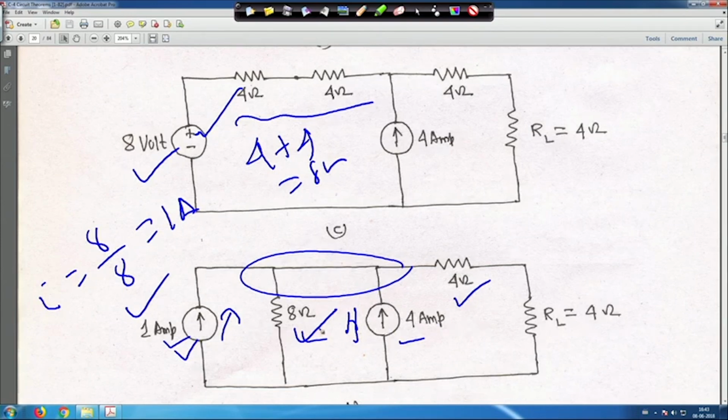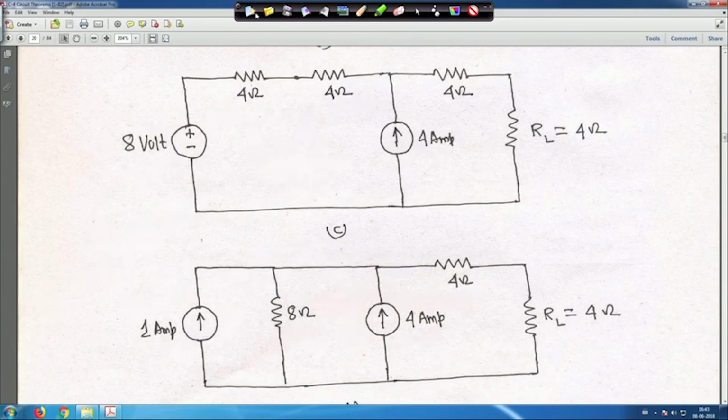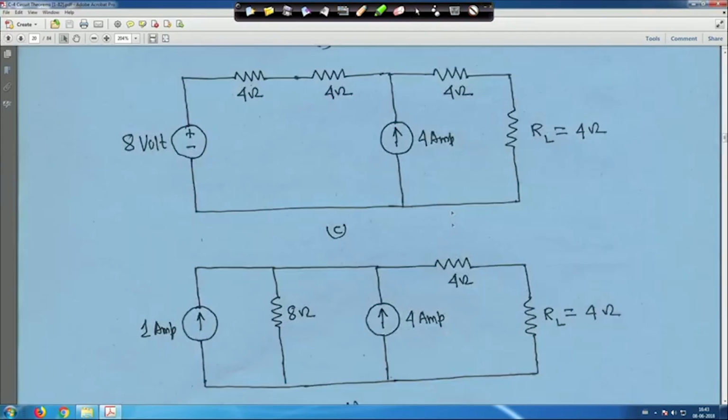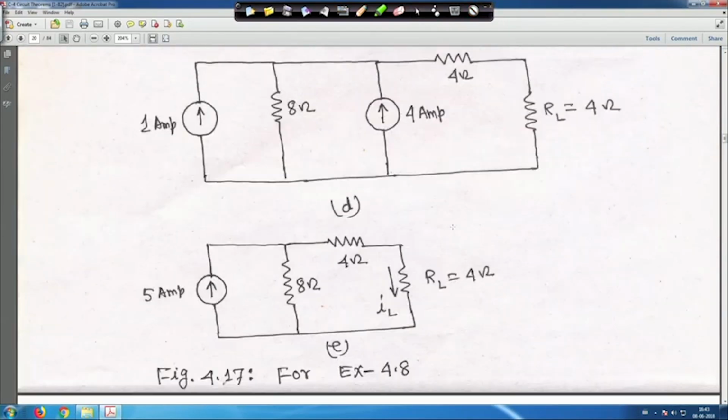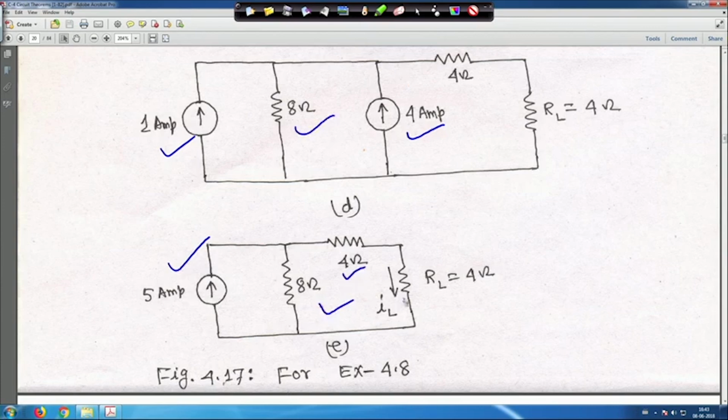So, the resultant of the 4 ampere independent current source upward and this 1 ampere will be 5 ampere upward. So, 5 ampere is here, because 4 plus 1 are both upward, and this 8 ohm is here, and this 4 ohm is there.